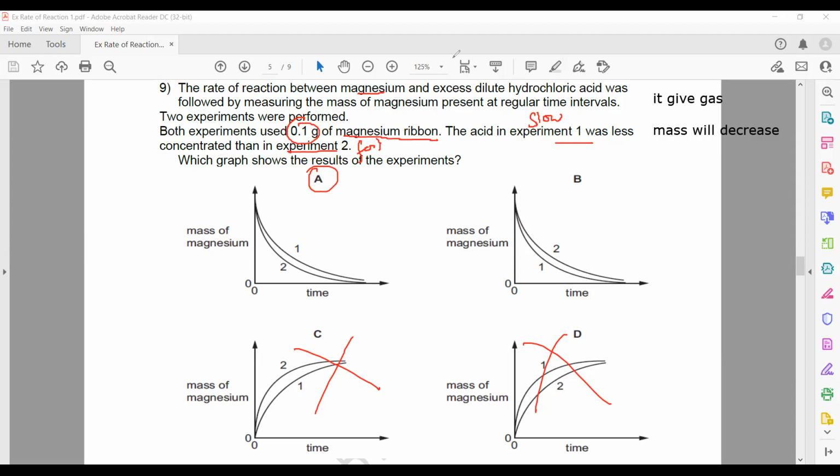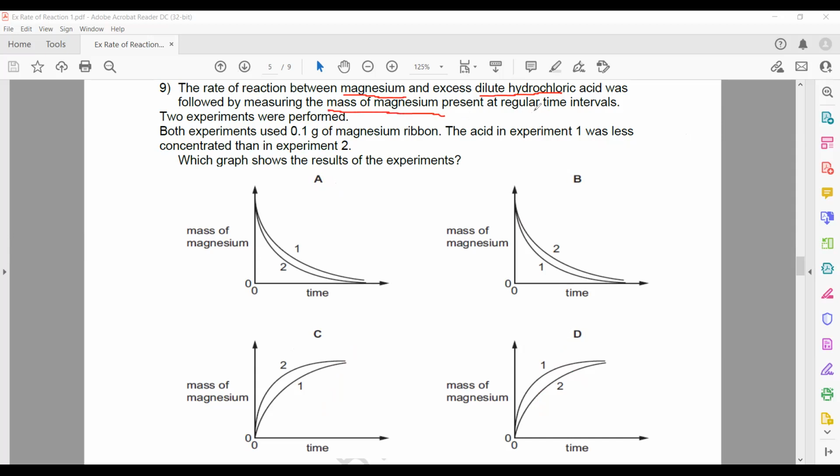Look, in the question, the rate of the reaction between magnesium and acid was followed by measuring the mass of magnesium present at regular intervals. So we are measuring the mass of magnesium from time to time.